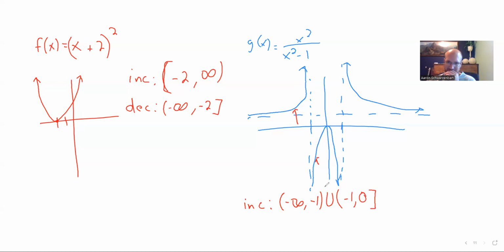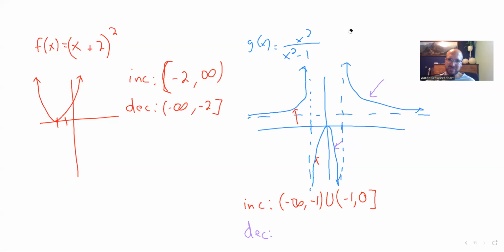I can't go through -1 because that's an asymptote and the point does not exist there. I am then decreasing right here and here. I'm going down as I go left to right. So I always read things going left to right, and I'm going down there.